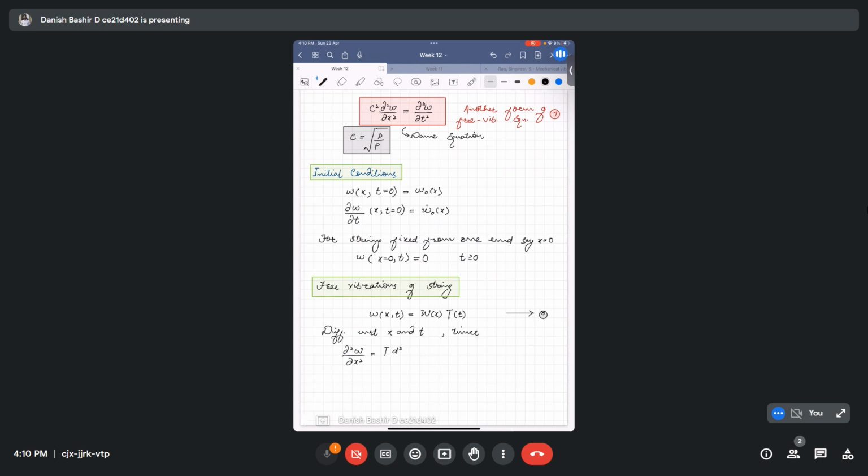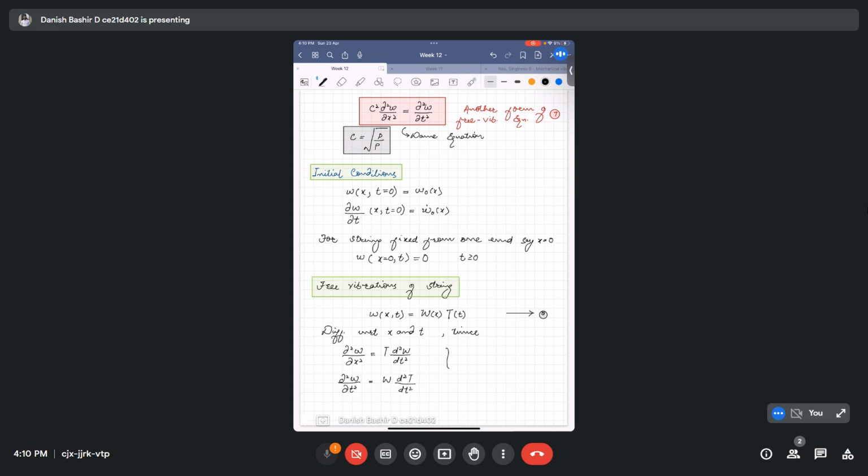And ∂²w/∂t², the second order derivative along time, will be w times d²T/dt².